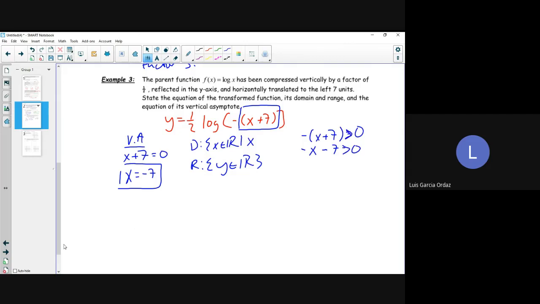Sorry. So you have -x > -7. And what happens when we divide an inequality by a negative number? The sign is going to flip. So we get x < 7. So our domain is x ∈ ℝ such that x < 7.